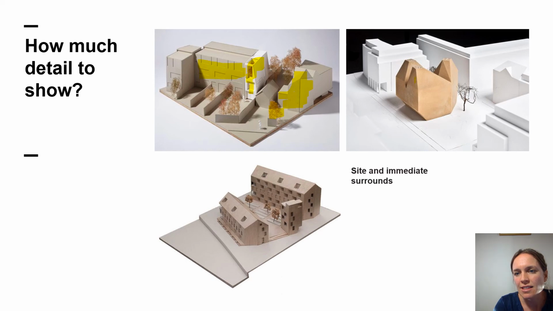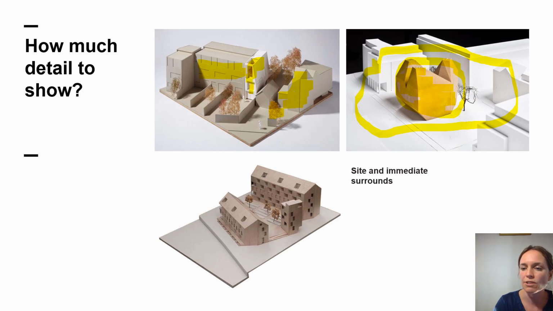This example and this example here also show you how you might model trees, as well as how you might differentiate between the surrounding context, which you can see here, and your building. And so you can see in this example that what they've done is used a different material, and that might be something that you'd like to try. Be really considerate about the material you use and the way that you model from a visual communication perspective.